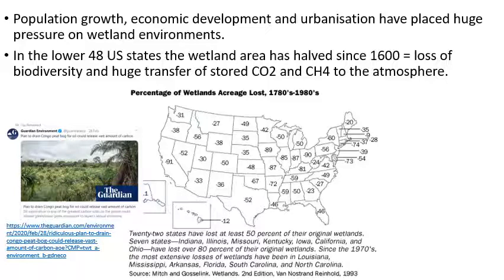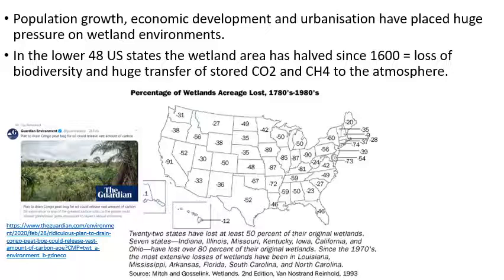So this is looking at the USA. Population growth, economic development, urbanisation have put huge pressure on the wetlands in America. In the lower 48 states, the wetland area has halved since 1600. That's put a huge amount of carbon and methane back into the atmosphere from where it had been stored.